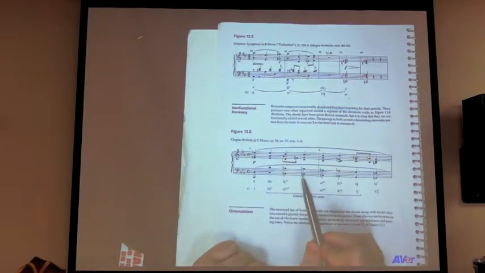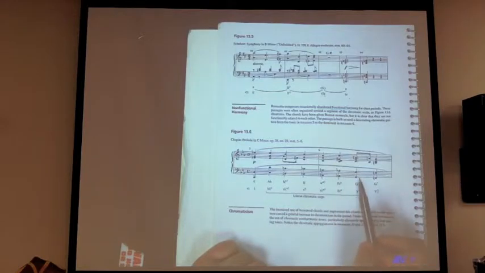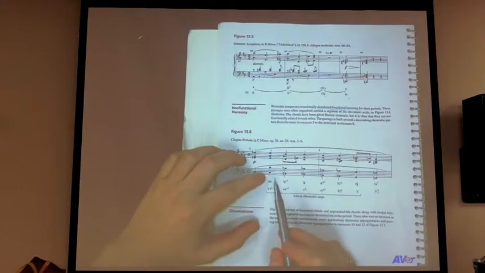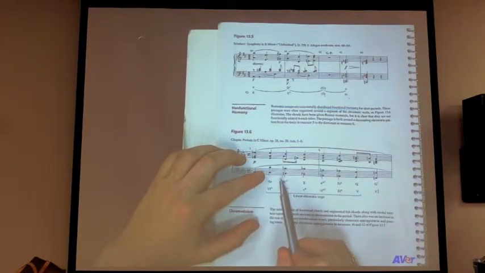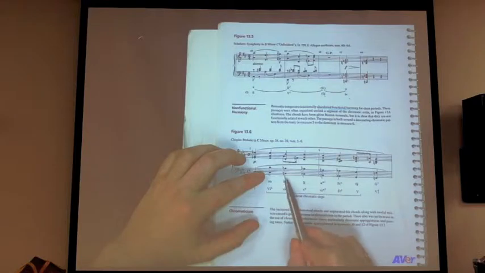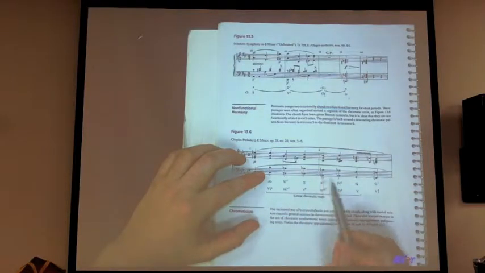Boom, boom, boom, boom. So it's just functioning as a chromatic descending scale. So you've got C, B, B flat, A flat, G, D.